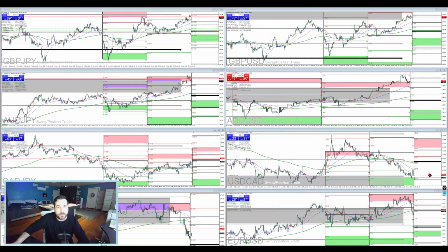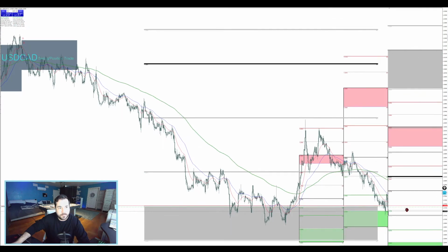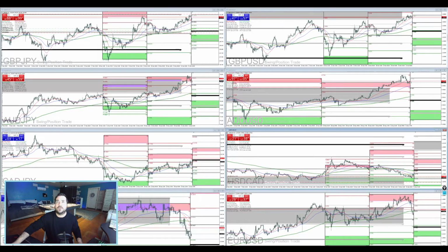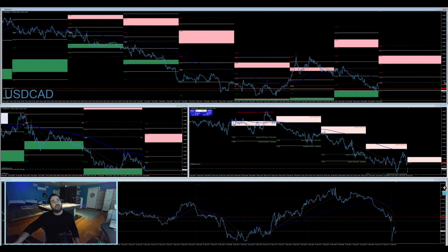Okay, so what I'm going to go ahead and do right now is place the stop on the USD CAD for my swing trading. This is my order, so place my stop and my take profit. I'm going to have to take this into the USD CAD itself here. All right, so this is a smaller zone.